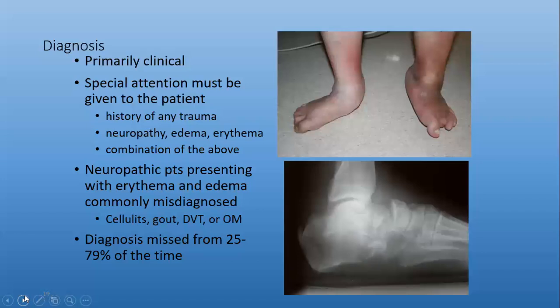And by the time that it's caught or properly referred, after they've been treated for gout and cellulitis and sometimes DVTs, or even osteomyelitis if there's an open wound, with the Charcot destroying the joints, sometimes it's too late, which is why a lot of times the standard of care is amputation.